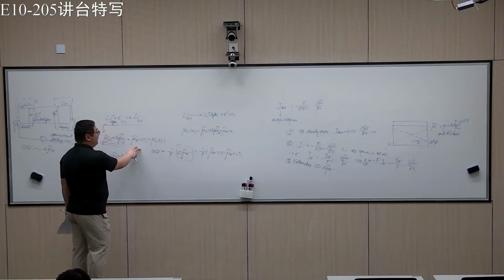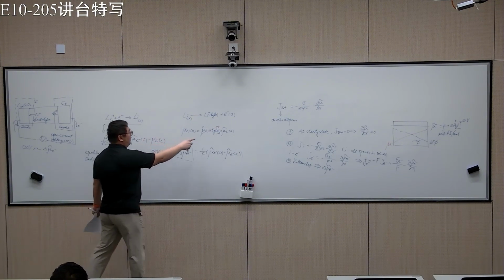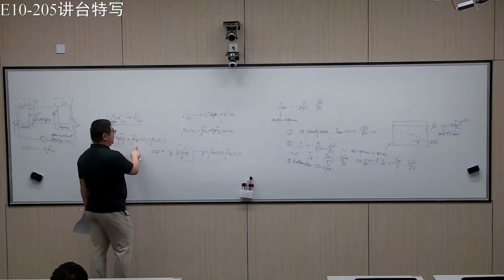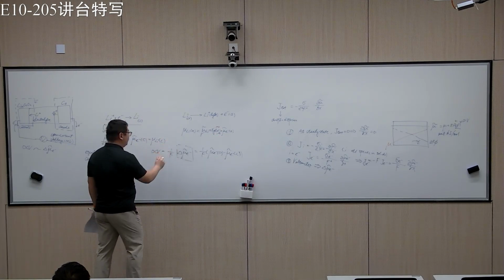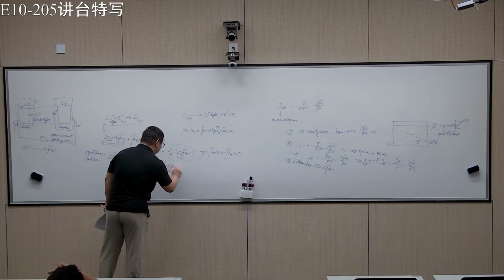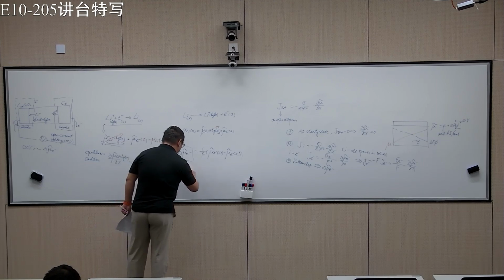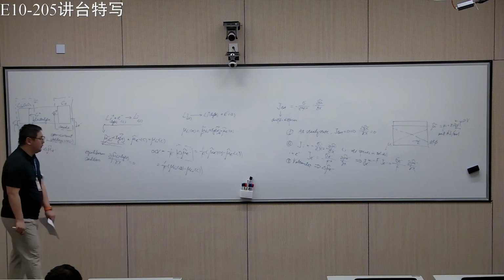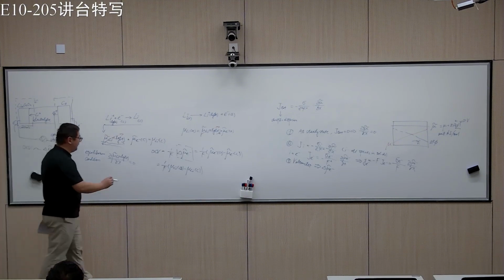Basically, it is the difference between your cathode and anode electrochemical potential. However, if you see this one, you will see that mu e anode minus mu e cathode is basically the same as the lithium chemical potential difference between the anode and cathode. So this is also your OCV.